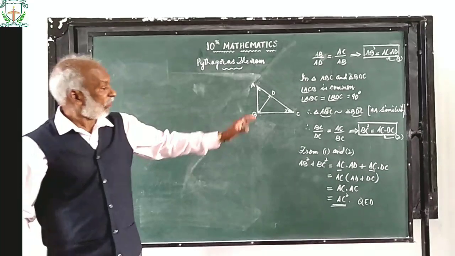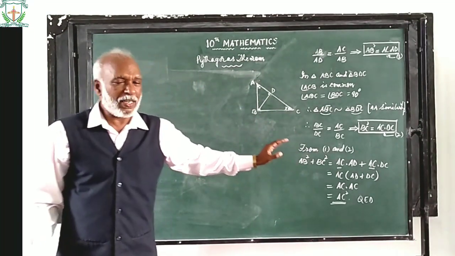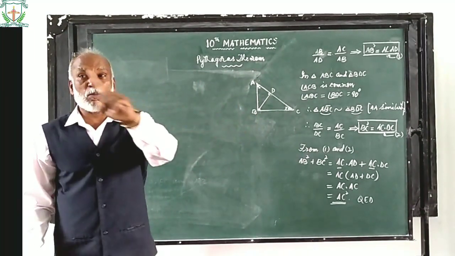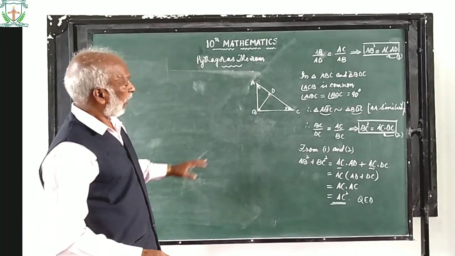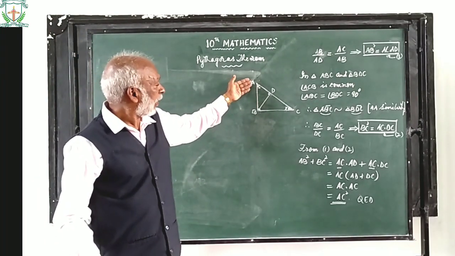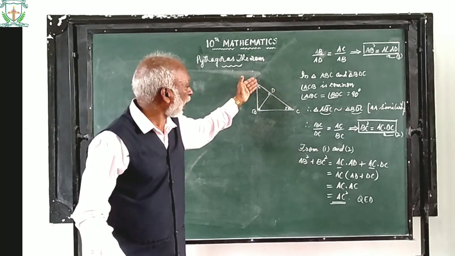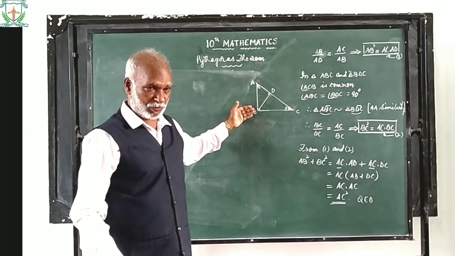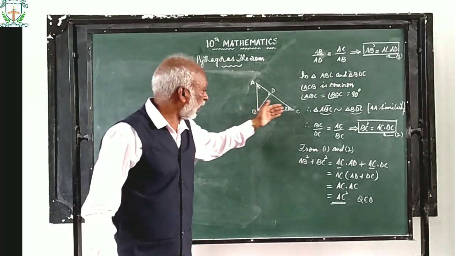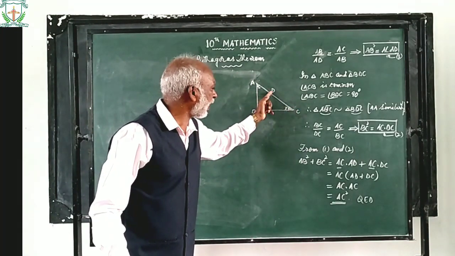Children, proof of the theorem is over, but still I will continue to get one more result, the third result. You know that triangle ABC is similar to triangle ADB. Triangle ABC is similar to triangle BDC also.